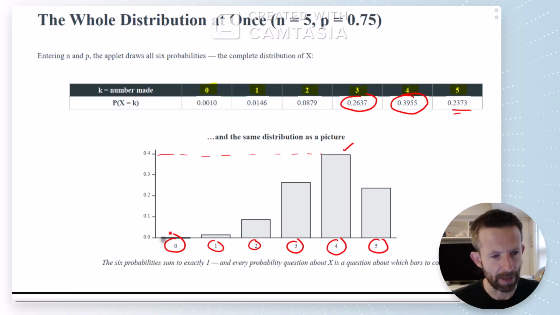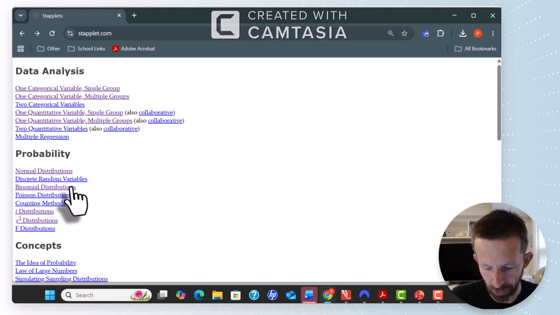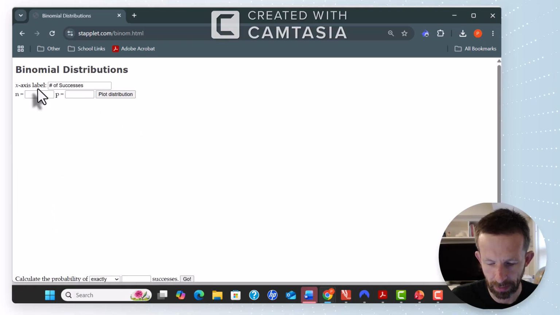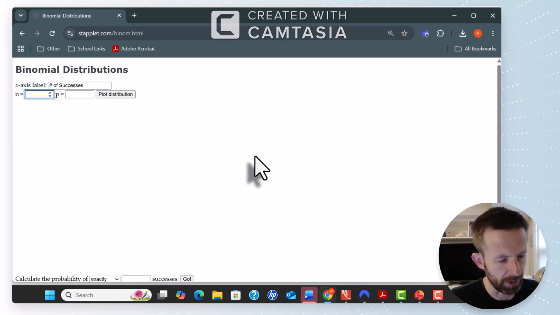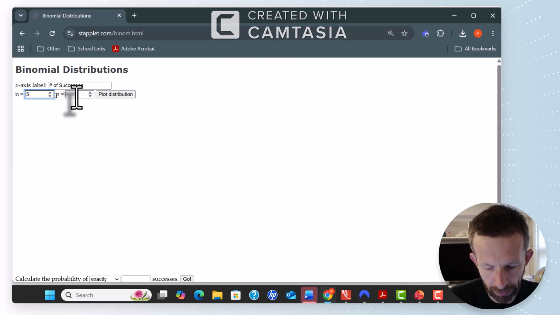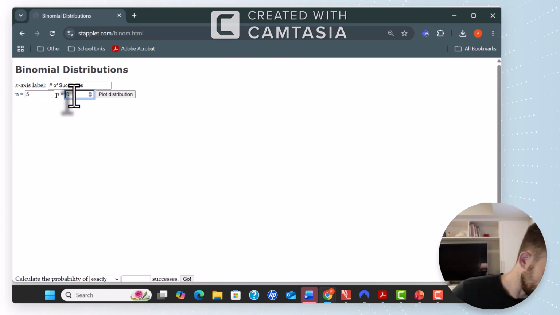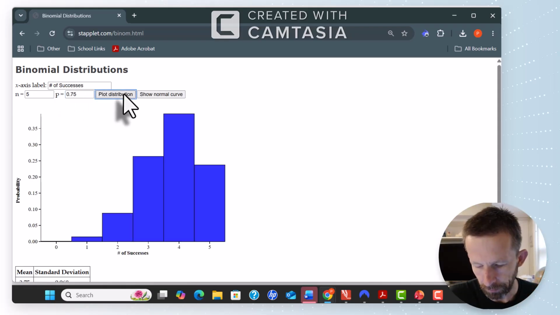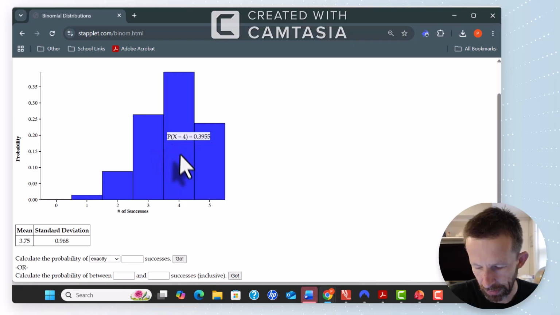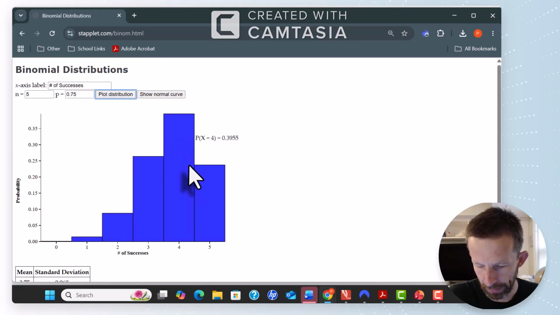Now, on Staplet, if we go to binomial distributions, we can plot this scenario. So she is shooting 5 free throws and is a 75% free throw shooter. So there's the distribution and there's the different outcomes.